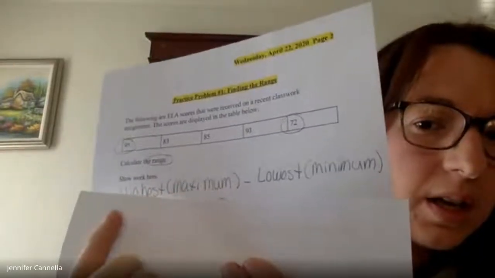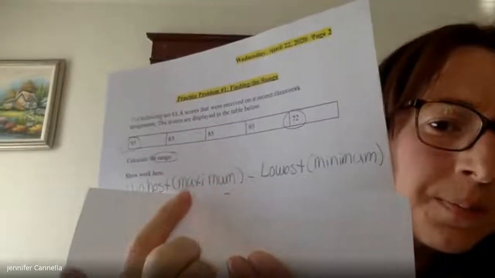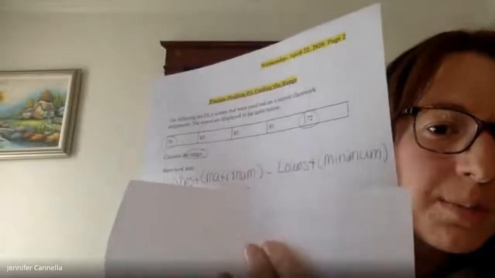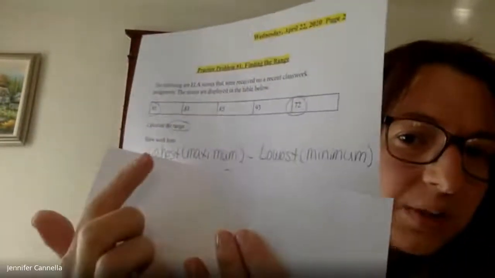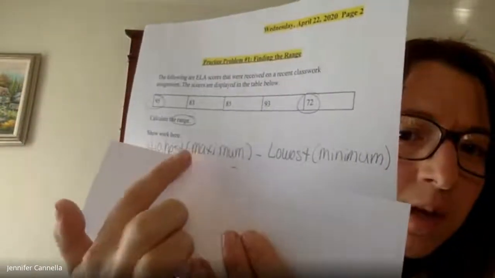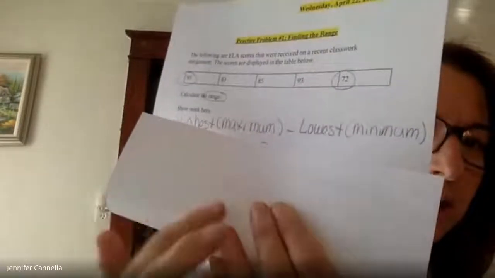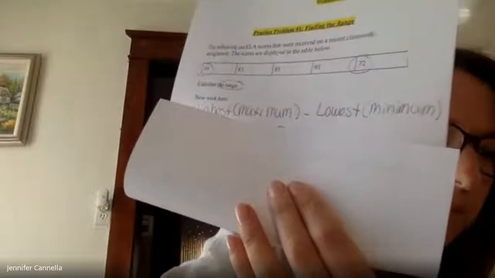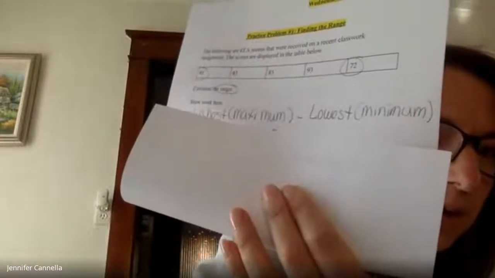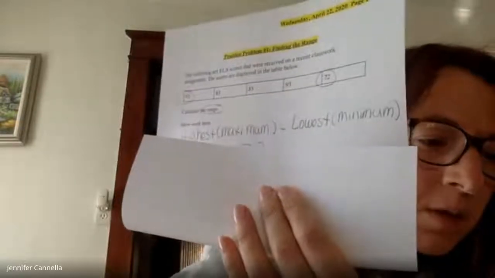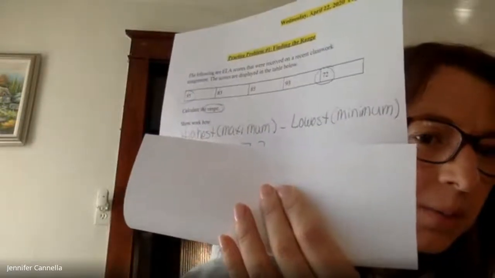Okay, this is a very important word. You're going to see this next week. The highest, which is the maximum, minus the lowest, which is the minimum number. That's how you find the range. The highest maximum minus the lowest, the minimum. So you're always going to write that down, and then you're going to put the numbers where they go, please. All right, so I'm going to leave this up for another 15 seconds for you to write down highest, maximum, lowest, minimum. Very important.